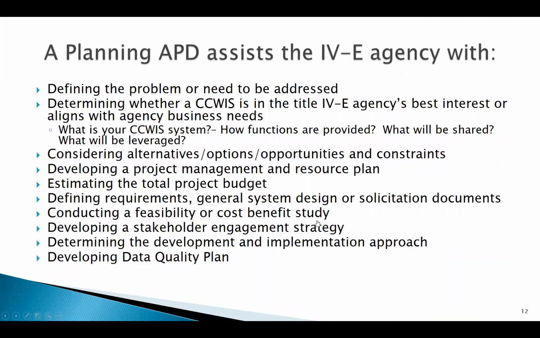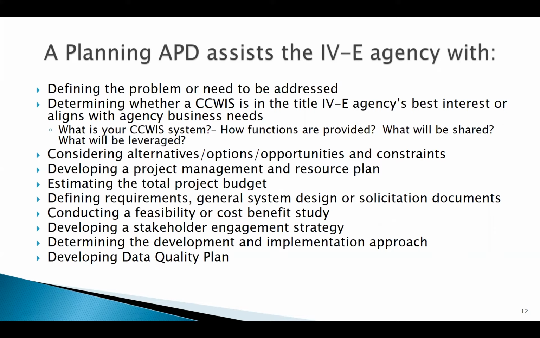So taking the time to understand the CCWIS regulations, understand what it is that the state or tribe or district currently has, and whether a CCWIS system is going to provide the functions that are necessary, what will be shared, what is possible to be leveraged, and taking the time to consider the alternatives, your options, your opportunities, and really what are the constraints, what are the impediments that may be difficult to overcome.